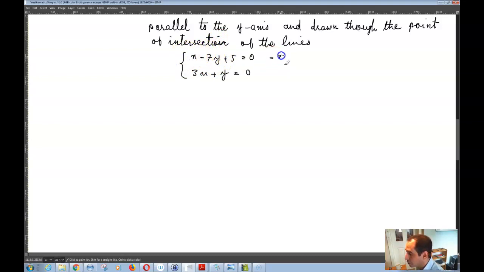and basically call this equation number 1 and call this equation number 2, then if you multiply 1 by 3, you will get 3x minus 21y plus 15 is equal to 0. And I write 2 as it is, so that is 3x plus y is equal to 0.